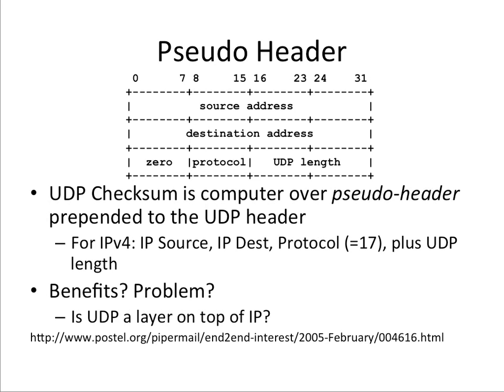When you have a network stack, you're not supposed to use information from, for example, the layer underneath like that. Because the entire packet, header plus payload, at a given layer should be just the payload of the layer underneath. Does that make sense? But here we're using source address and destination address. And that's why it's called a pseudo header. It's not a UDP header, but we're using information from the IP header. So it's not purely transport layer information.